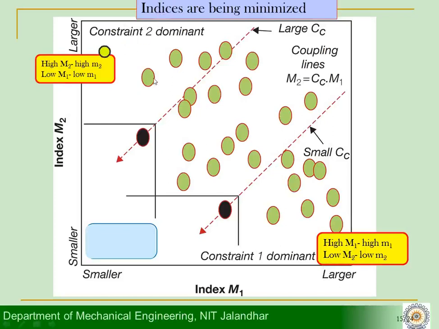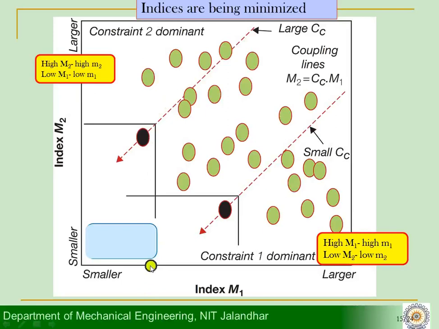When I look at this region, let us say this solution here, it gives you a high M2. That means index number 2 is high for this solution, and that is why the mass value given by this will also be high, because the index has to be minimized for minimum mass. Similarly, the same solution gives you a low value of M1. High and low are relative, so here I say low value of M1 relative to M2.